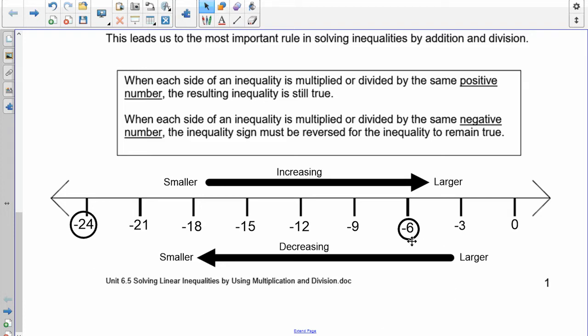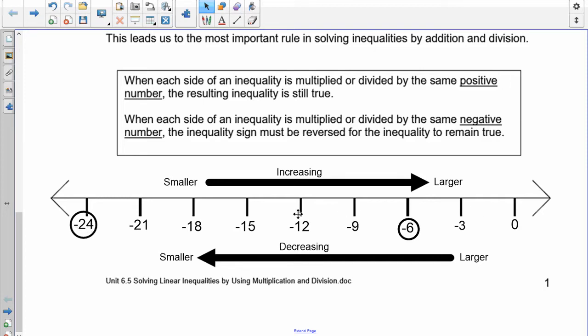Now, to go back to how the negatives and the positives work, an integer has two parts. It has a sign and it has a value. This is called the magnitude. This says it's on the negative side of the 0 and it's 6 units away. So it's like 1, 2, 3, 4, 5, 6 units, and it's on the negative side of the 0. This one over here is 24 units away from the 0 on the negative side.